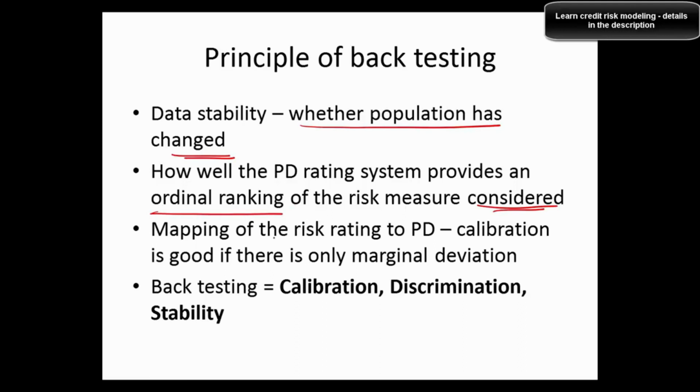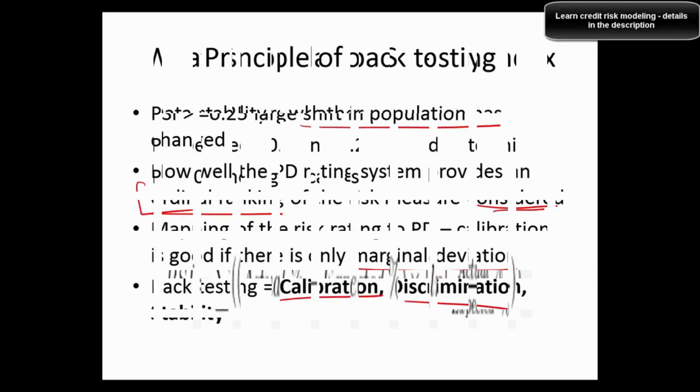Mapping of the risk rating PD or calibration is good if there is only marginal deviation from what was there at the time of development. So if the ranking is very similar, perfect, no worries. If it is slightly deviating, fine, still okay, but under supervision or monitoring. But if it is significantly different, then there is an issue. Backtesting involves calibration, discrimination, and stability.